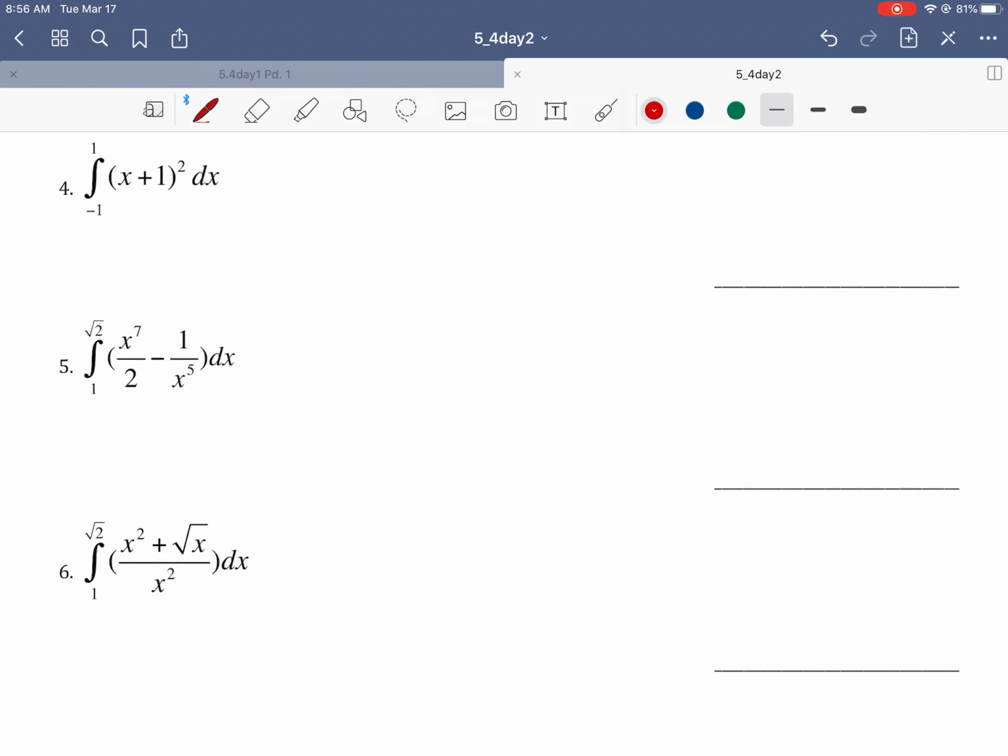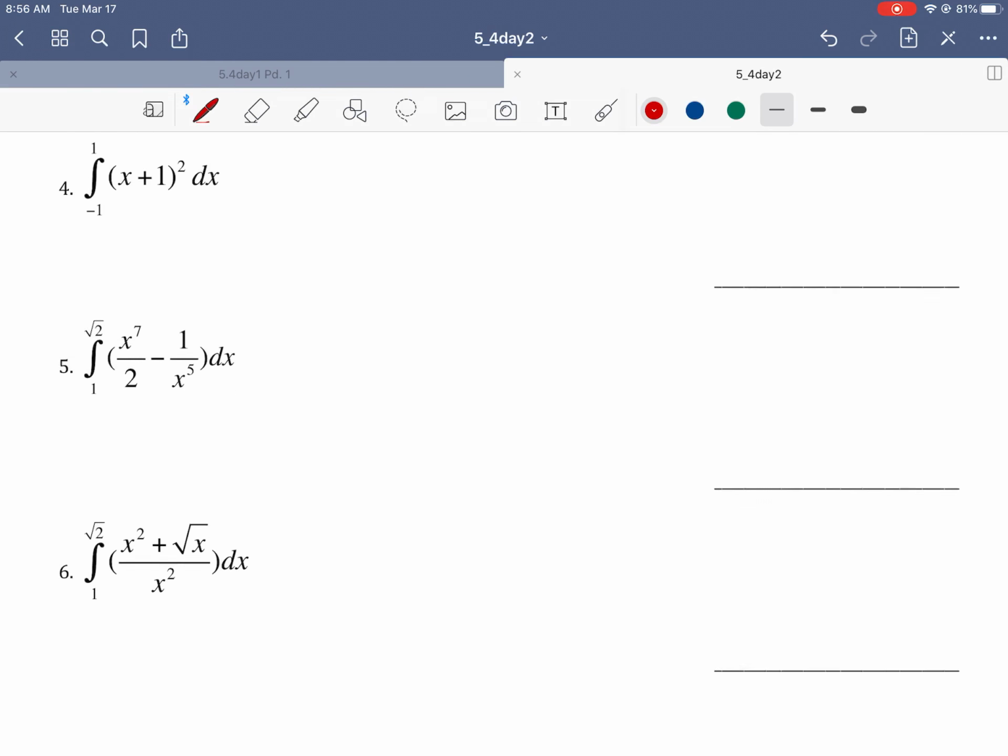And let me do number 6 for you. So number 6 starts as a quotient rule. Remember, you have to avoid those. So I have to write this in a simplified way to begin. I need to divide the x squared into each term. So x squared divided by x squared is 1. Thinking of root x is x to the 1/2. X to the 1/2 divided by x squared, or subtract your exponents.